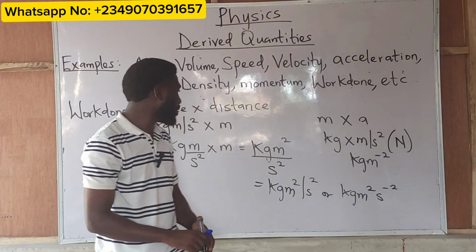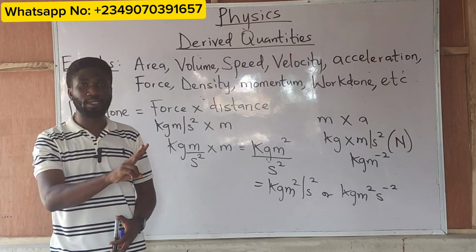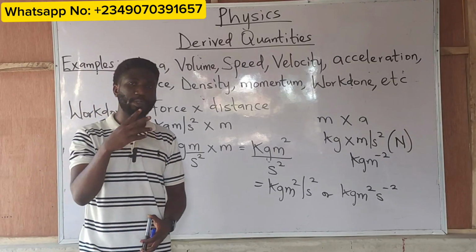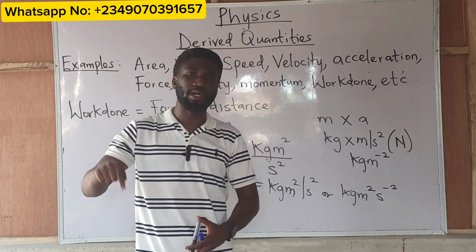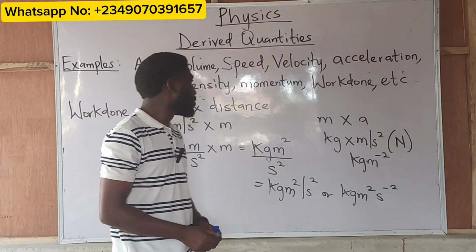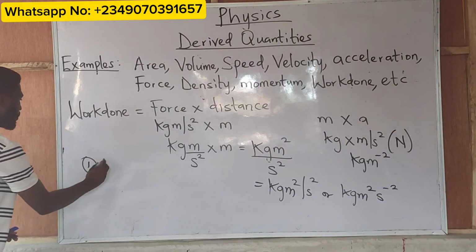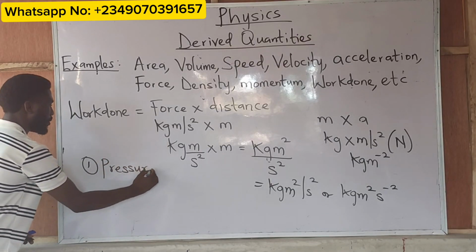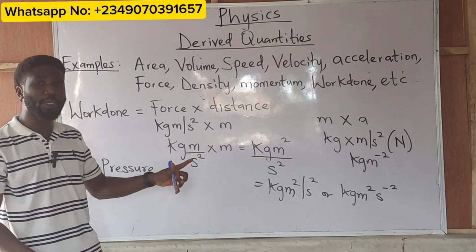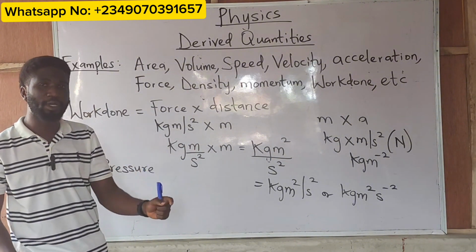So I will be giving us two quantities with their formulas. I'll give us the formulas, then from the formulas, just give me the units and put your answers in the comment section. Do for pressure. Pressure has its formula to be force over area. We've done for force, we've done for area.